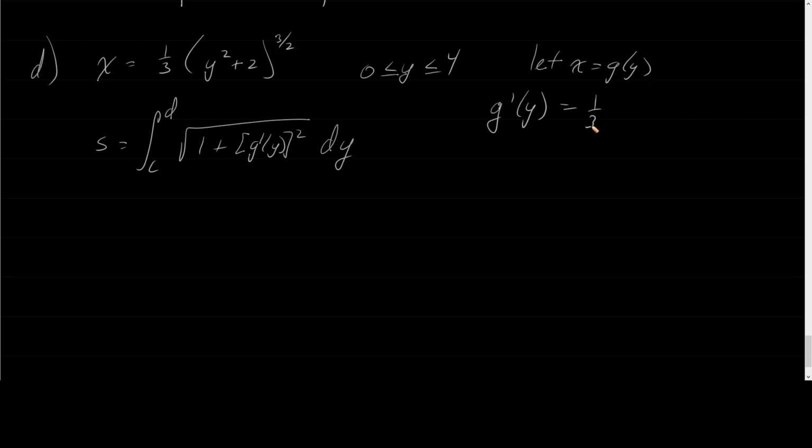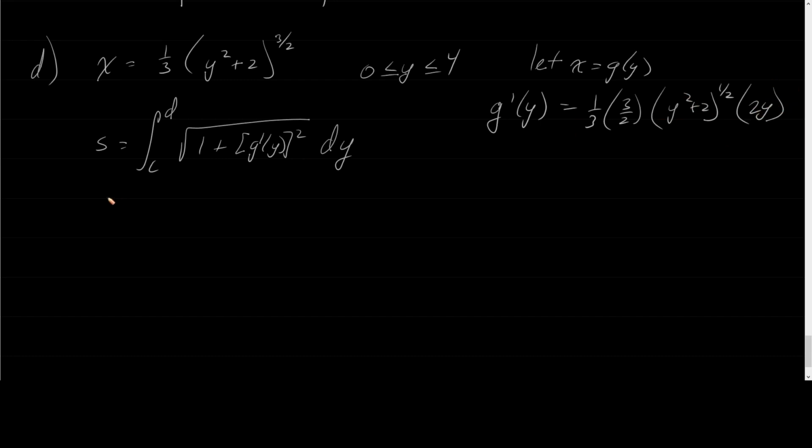So I have 1/3 times 3/2 times (y squared plus 2) to the, subtract the exponent by 1, so to the 1/2, but then by the chain rule times 2y. Remember we're doing the derivative with respect to y, so we don't have to worry about using implicit differentiation, because this is the variable that we're taking the derivative of.